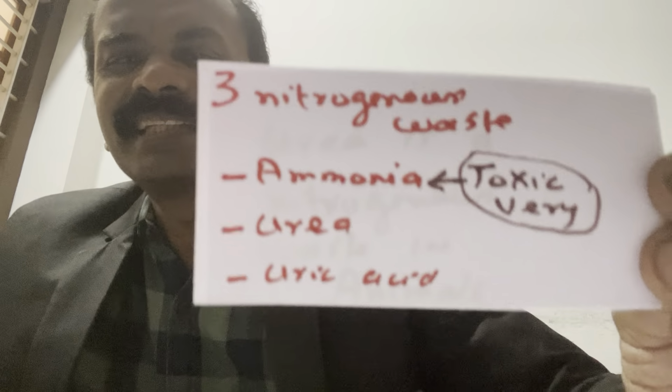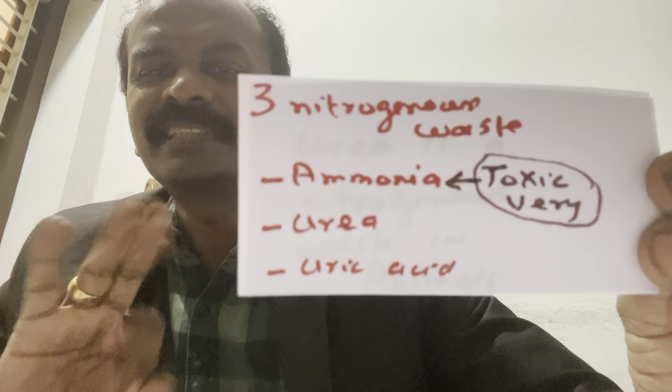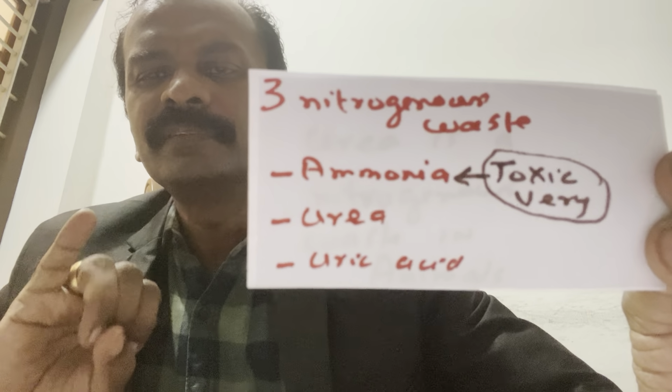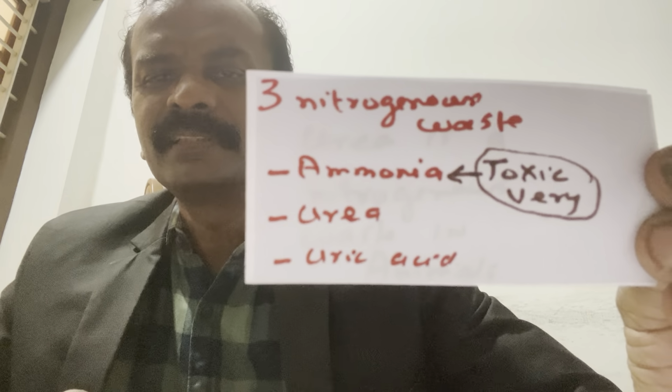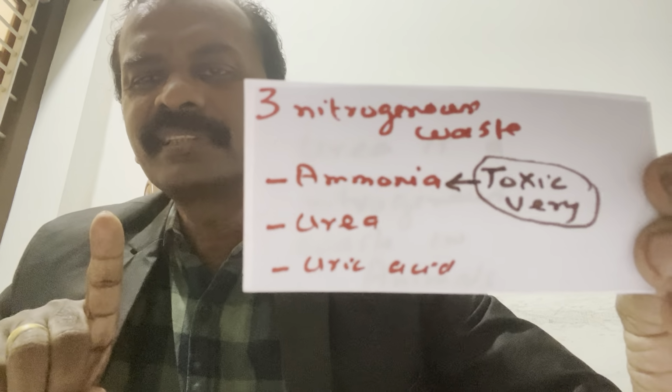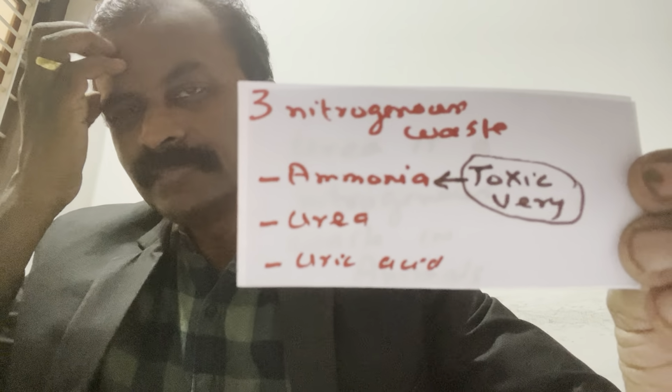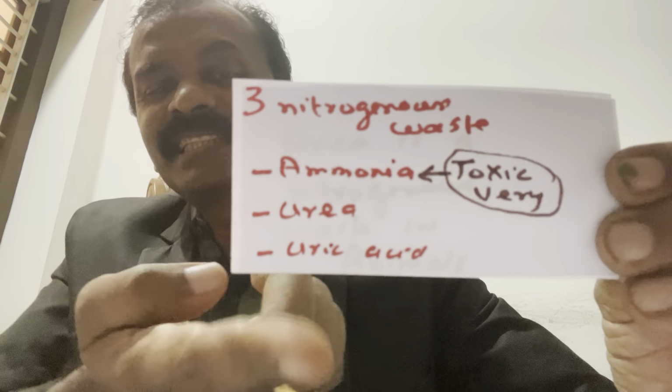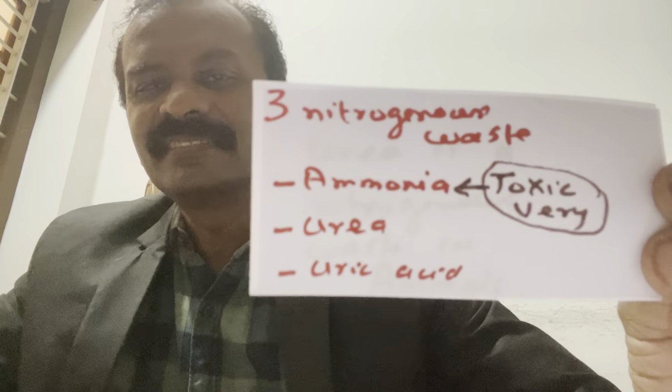If you know this, you can answer that. There are 3 nitrogenous wastes in animals: ammonia, urea, and uric acid. The most toxic is ammonia, they can ask, MCQ. The least toxic is uric acid, again MCQ.